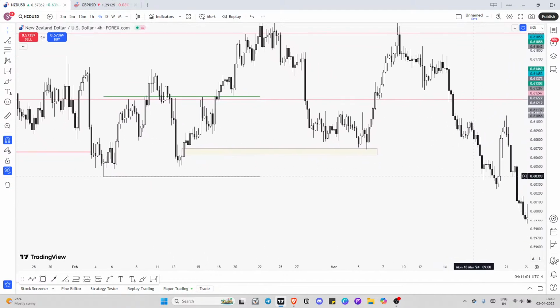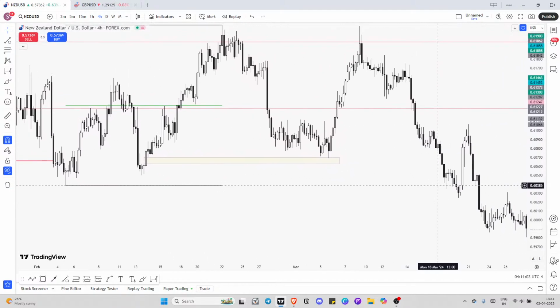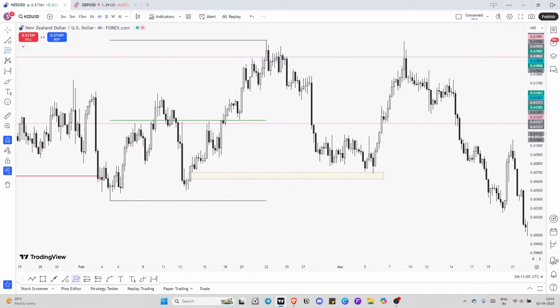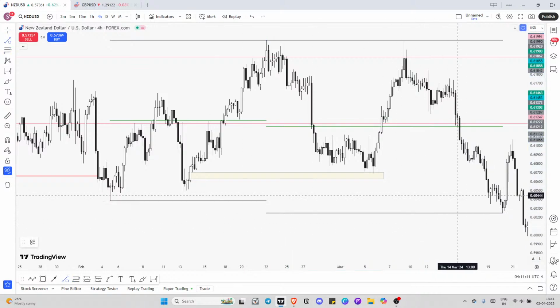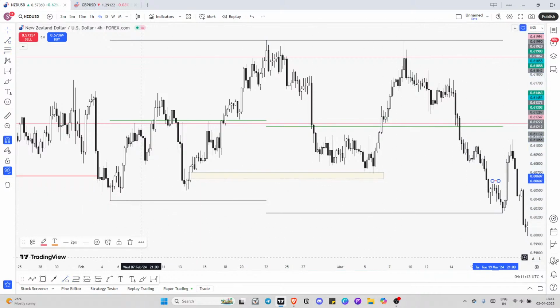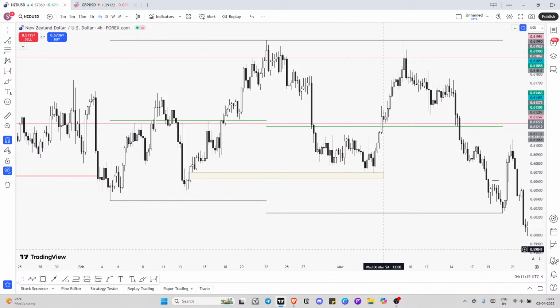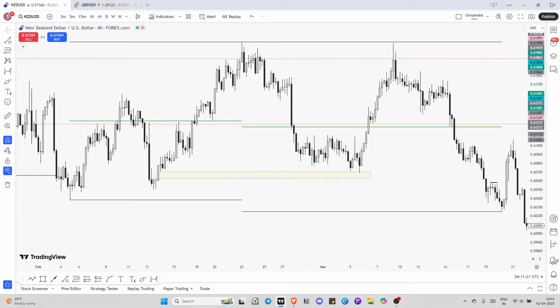Alright, again, this becomes the inducement, that is the trap of sellers, right? And as I told you before, it either comes to the nearest order block or to the extreme order block.